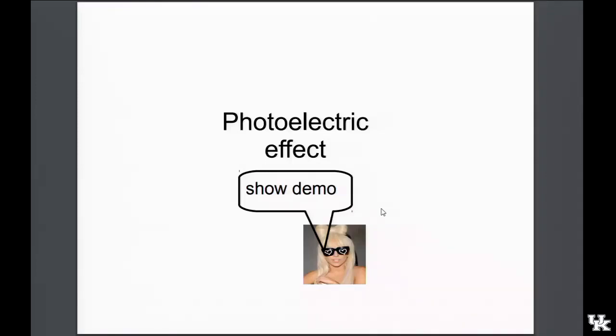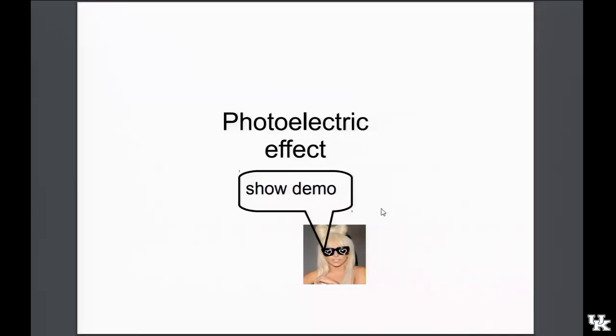Okay, photoelectric effect. That's the second effect. This is the effect that took us one step further. Planck's hypothesis, although I introduced the word photon in discussing it, was really just that the energy in electromagnetic radiation comes in packets.